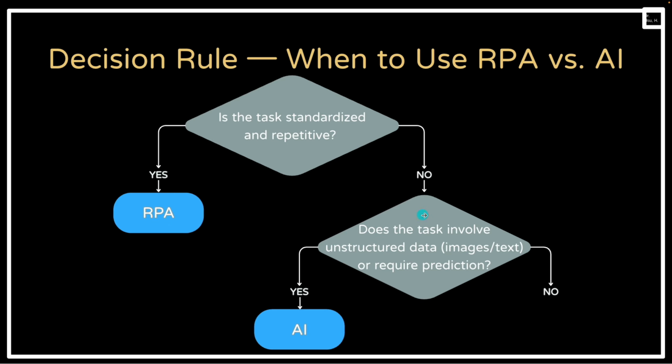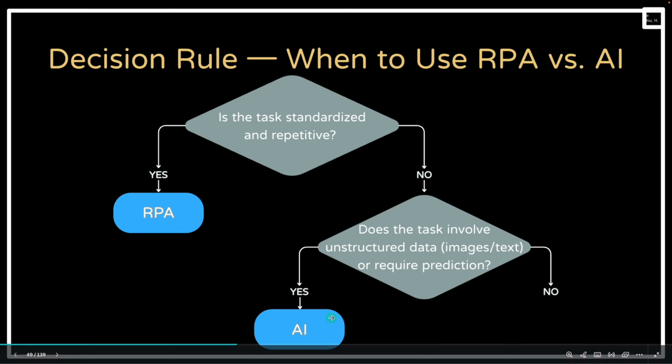Second question, does the task involve unstructured data such as images or text, or require prediction? If the answer is yes, then AI is usually the better solution.